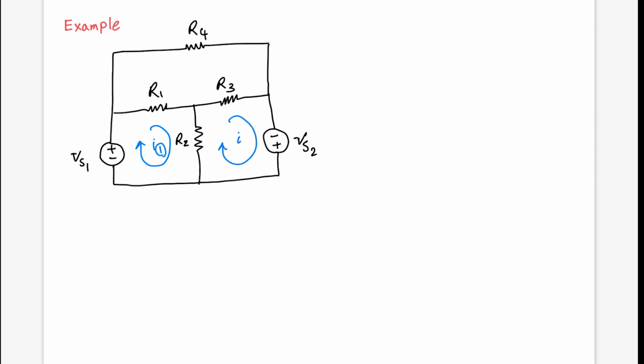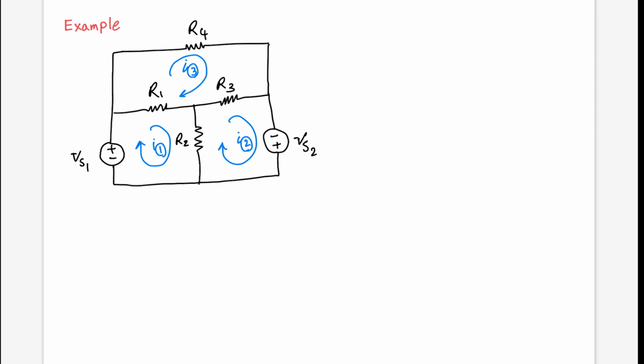This one is mesh number 2, and mesh number 3. Also consider that by convention, we're going to draw them in the clockwise direction. So by clockwise direction, we can analyze the other steps that we're going to do.